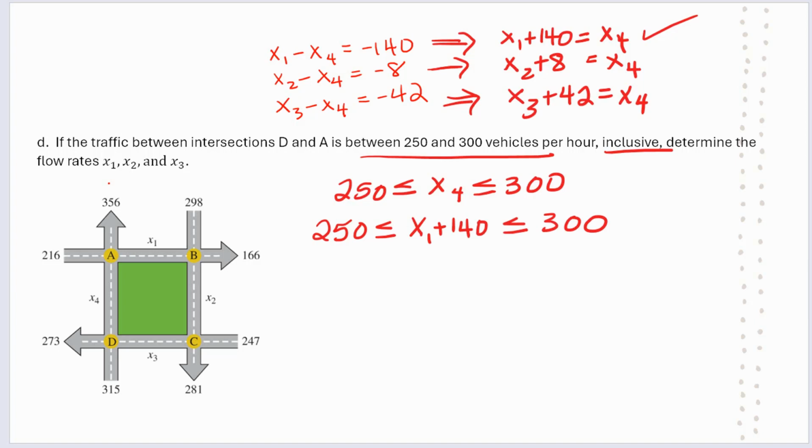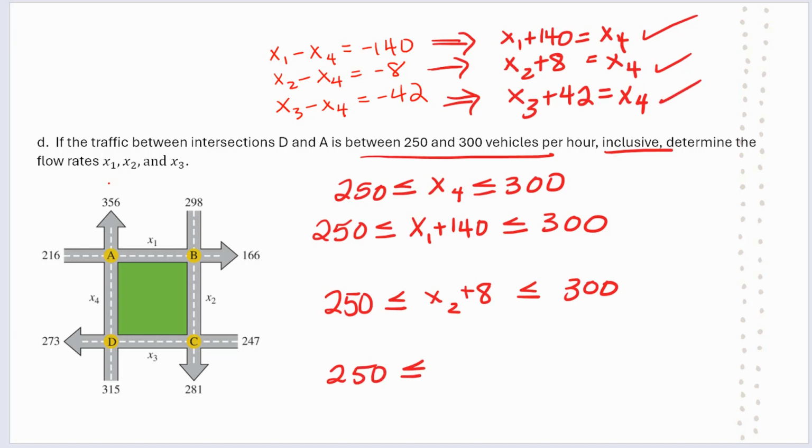And if I look at the second equation, 250 is less than or equal to x sub 2 plus 8, because that's also x sub 4. And then 250 is also less than or equal to x sub 3 plus 42, because that's also x sub 4.